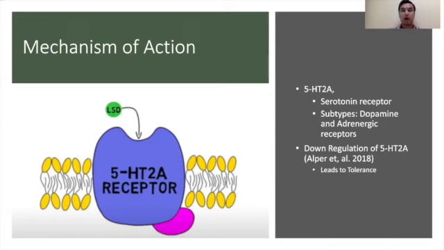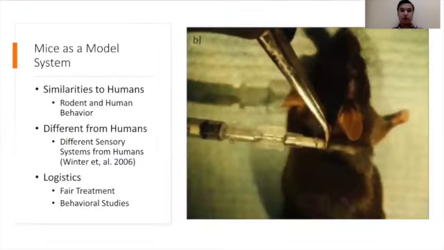The downregulation of 5-HT2A, as I mentioned before, leads to tolerance to LSD, because it's just a constant overstimulation. Eventually, the receptor is going to get dull to the effects of LSD. So that is another way that science understands how we get tolerant to LSD.